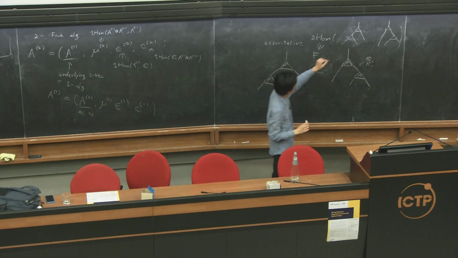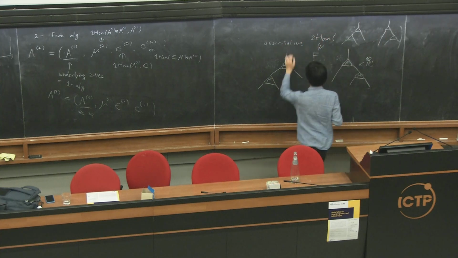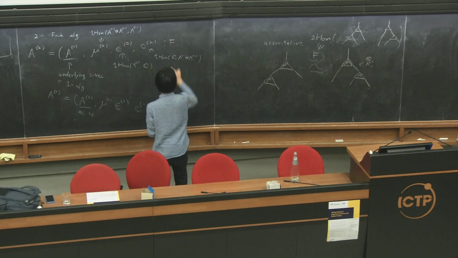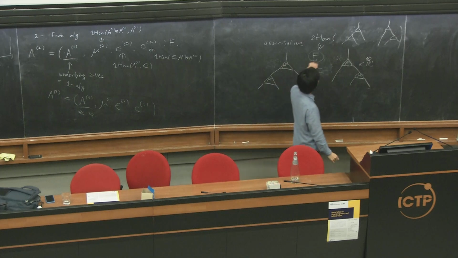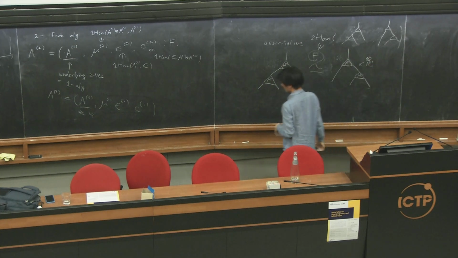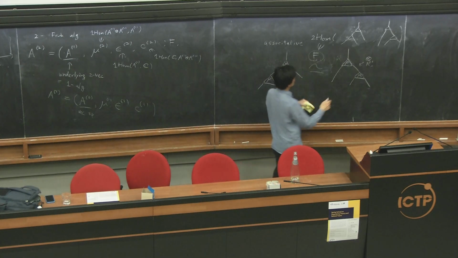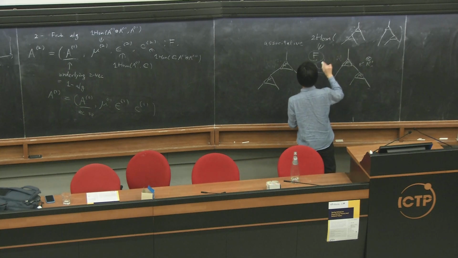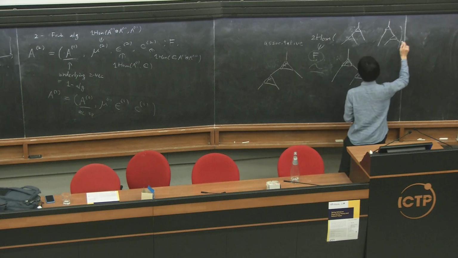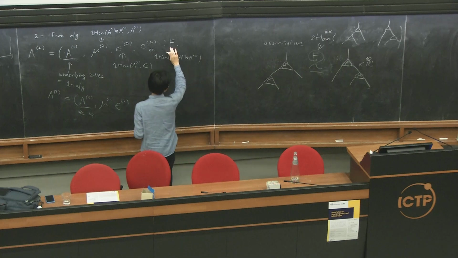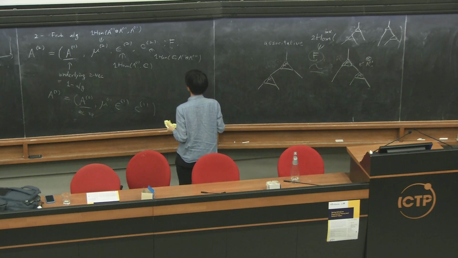So you have two defined bimodules, and we demand that F is also invertible. Okay, so that's this additional data.